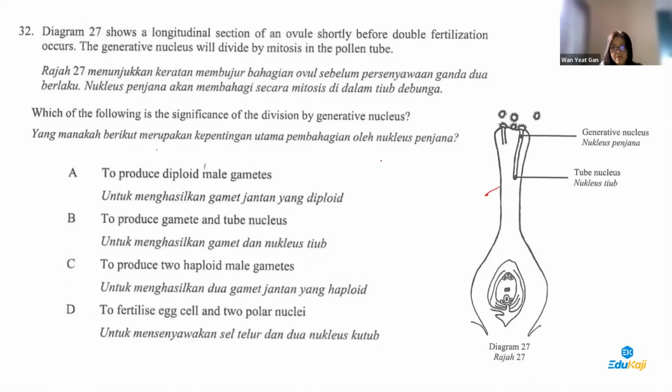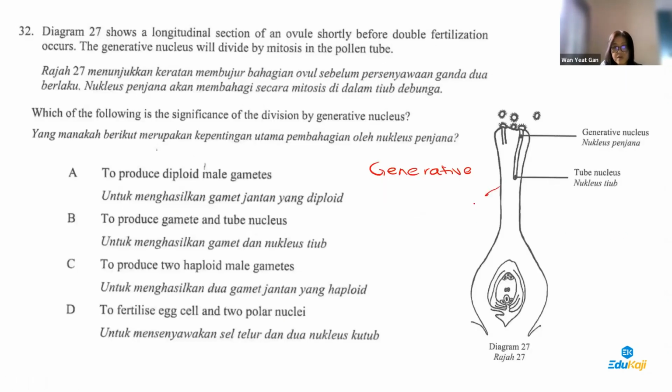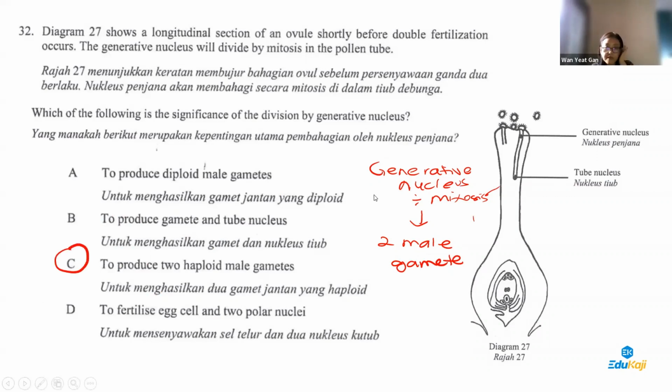So the word generative means that it has the ability to divide by mitosis to produce two male gametes, which will be involved in double fertilization. So the importance of this generative nucleus is to produce two male gametes, which will be involved in the double fertilization.